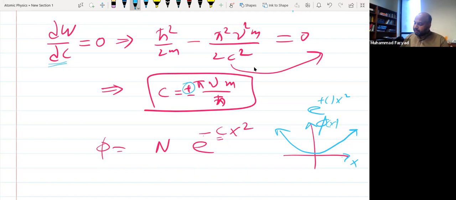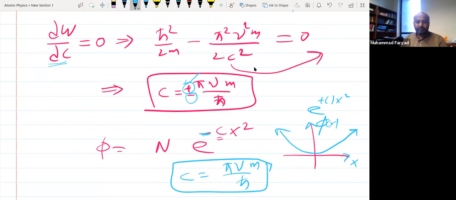So I'm sorry, this positive c is a reasonable choice, but the negative c is not a reasonable choice, because there's a negative sign already here that I have used. So we choose c with pi nu m over h cut value. With c equal to pi nu m over h cut, our w is minimum.